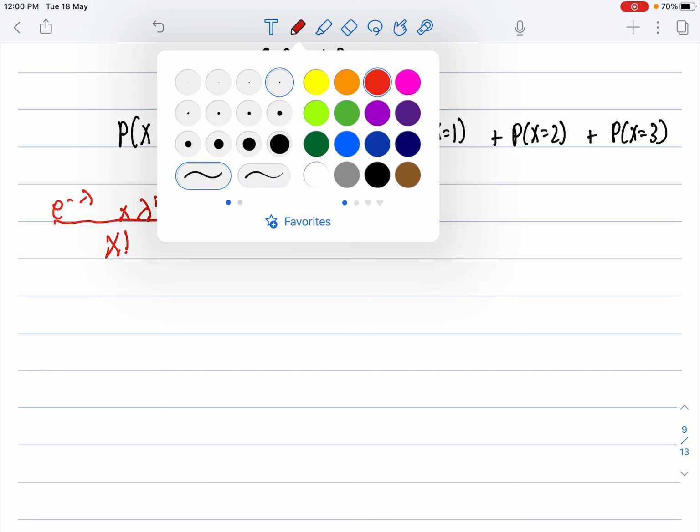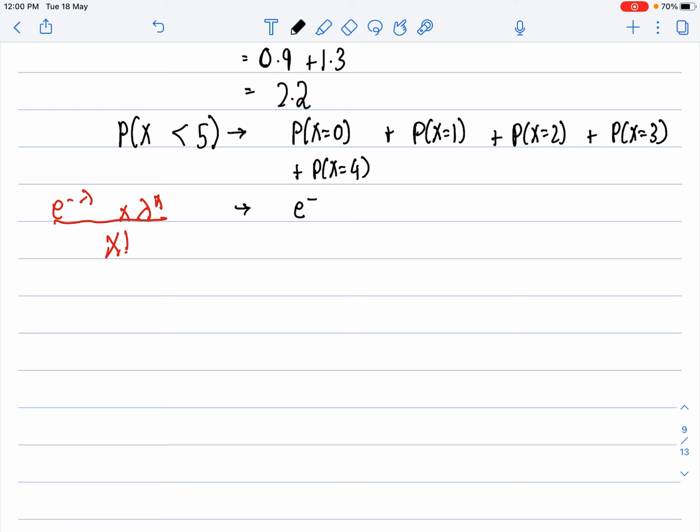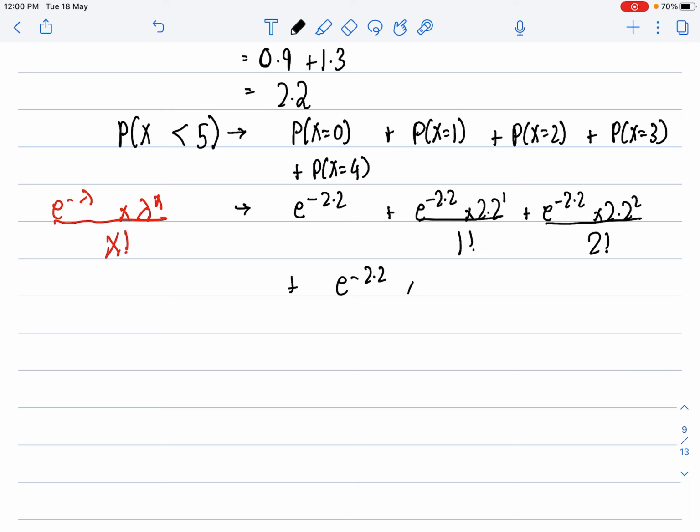Got it? So now I can write this as e raised to minus 2.2, plus e raised to minus 2.2 into 2.2 raised to 1 over 1 factorial, plus e raised to minus 2.2 into 2.2 raised to 2 over 2 factorial, plus e raised to minus 2.2 into 2.2 raised to 3 over 3 factorial, plus e raised to minus 2.2 into 2.2 raised to 4 over 4 factorial.